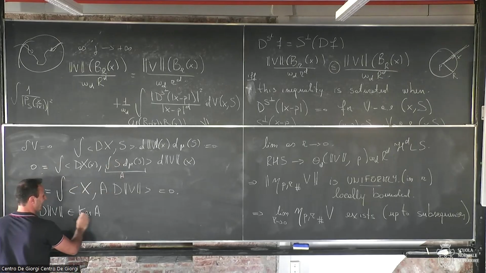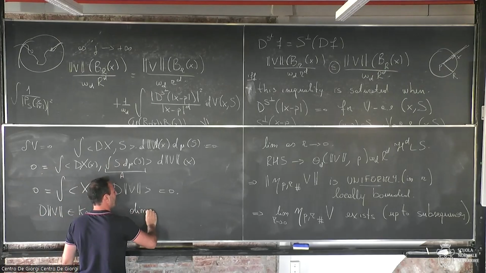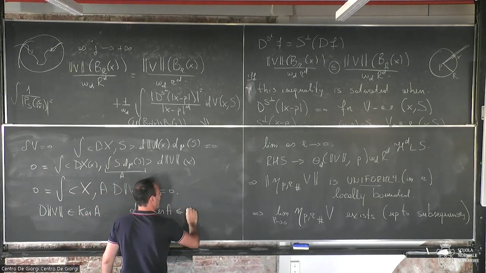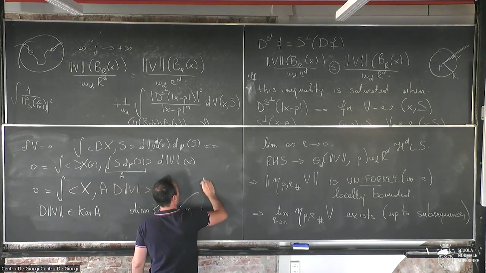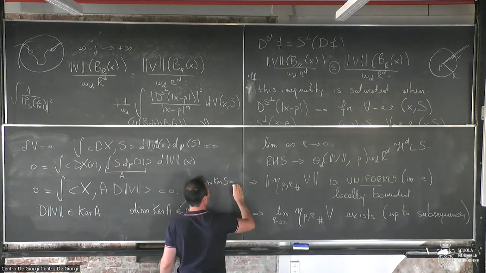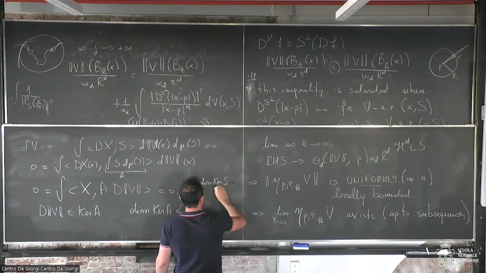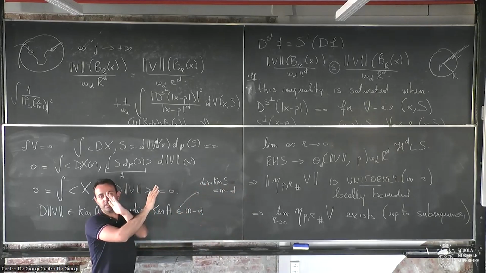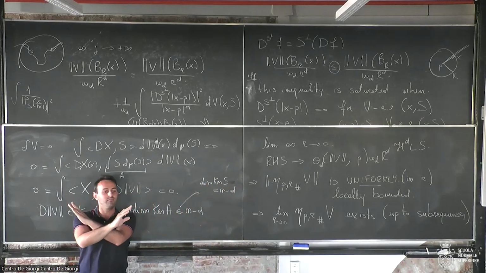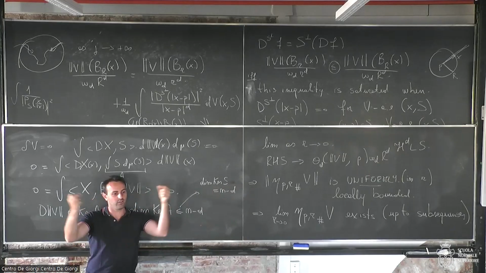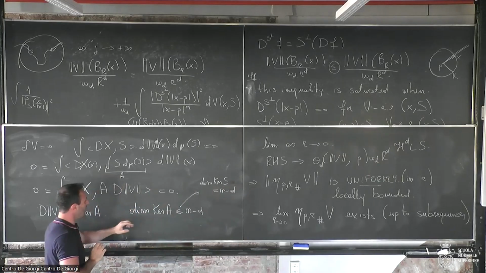So the dimension of the kernel of A is less than or equal to n minus d, right? Why is this true? Because the dimension of the kernel of S is equal to n minus d. And when you integrate orthogonal projections, in principle, you can kill some parts of the kernel. You just take the intersection if you want.